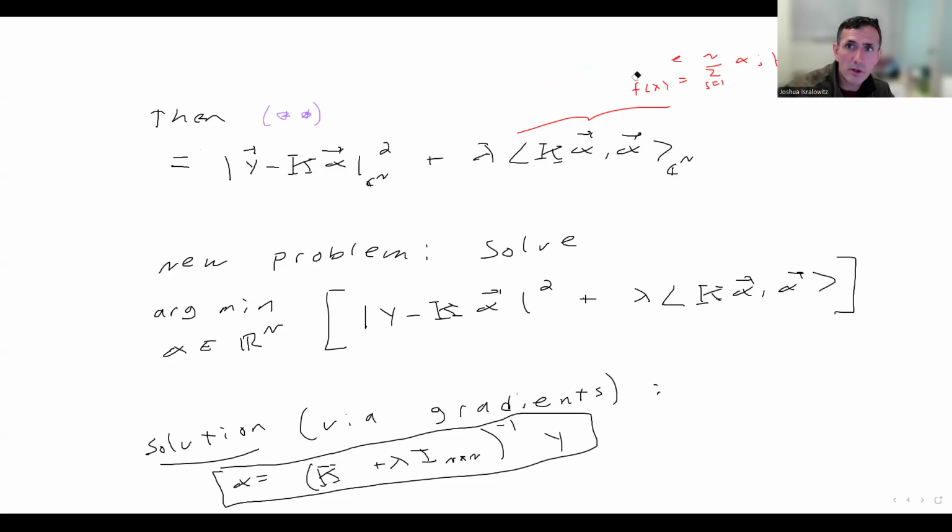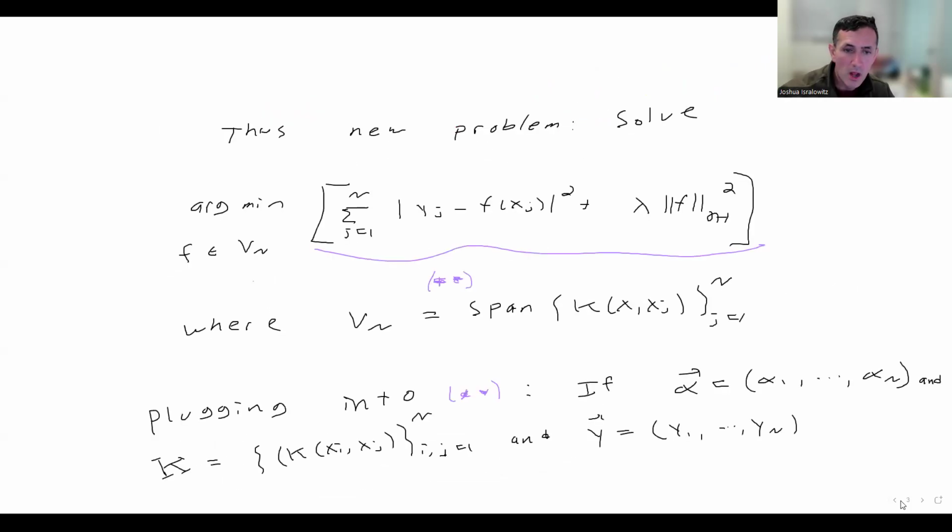So in particular, what's important is that if K of X, Y is a reproducing kernel of a reproducing kernel Hilbert space, then this is always bigger or equal to 0 for any input xi, xj, for any number of input points, big N. Okay.